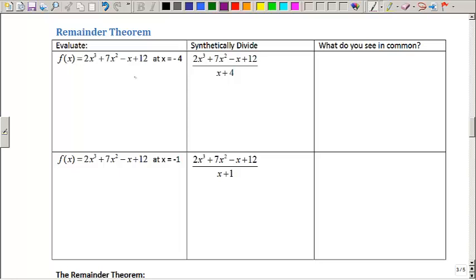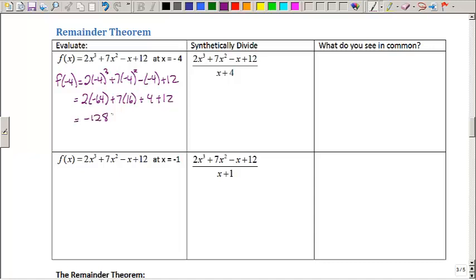If I was asking you to evaluate this function at x equals -4, then I'm just going to plug in -4 every time I see an x. 2 times -4 cubed plus 7 times -4 squared minus -4 plus 12. This gets me 2 times -64 plus 7 times 16 plus 4 plus 12.